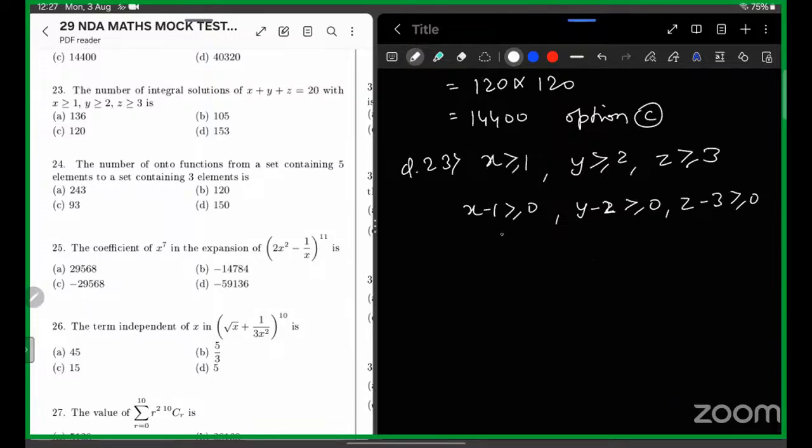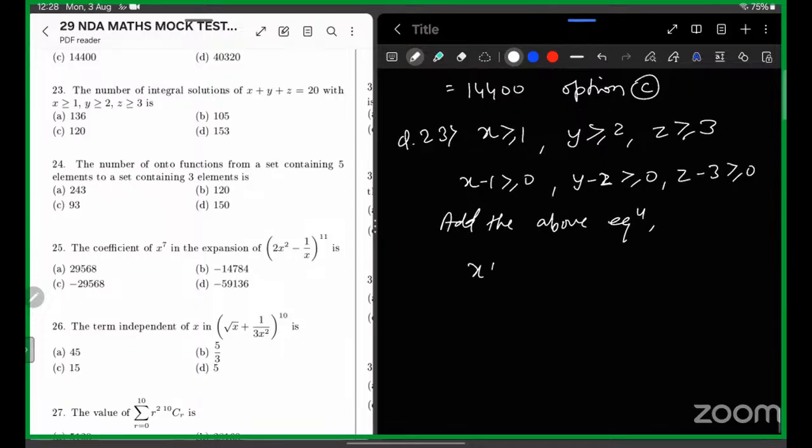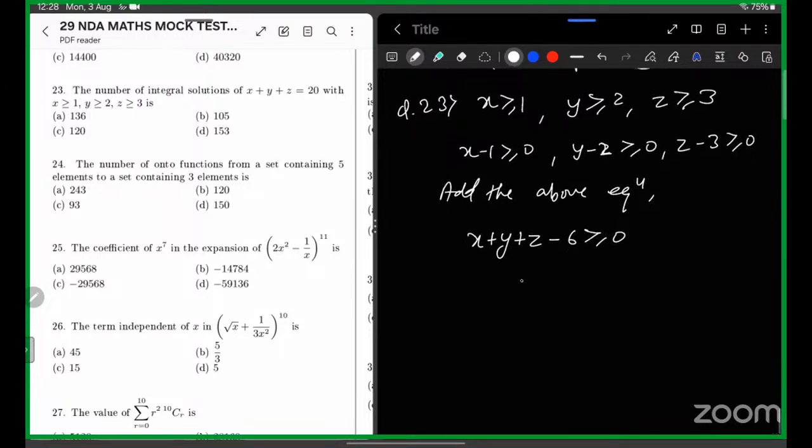Now, adding these three equations, it will become x plus y plus z minus 1 minus 2 minus 3, that is minus 6, must be greater than or equal to 0. Right. X plus y plus z value is how much?